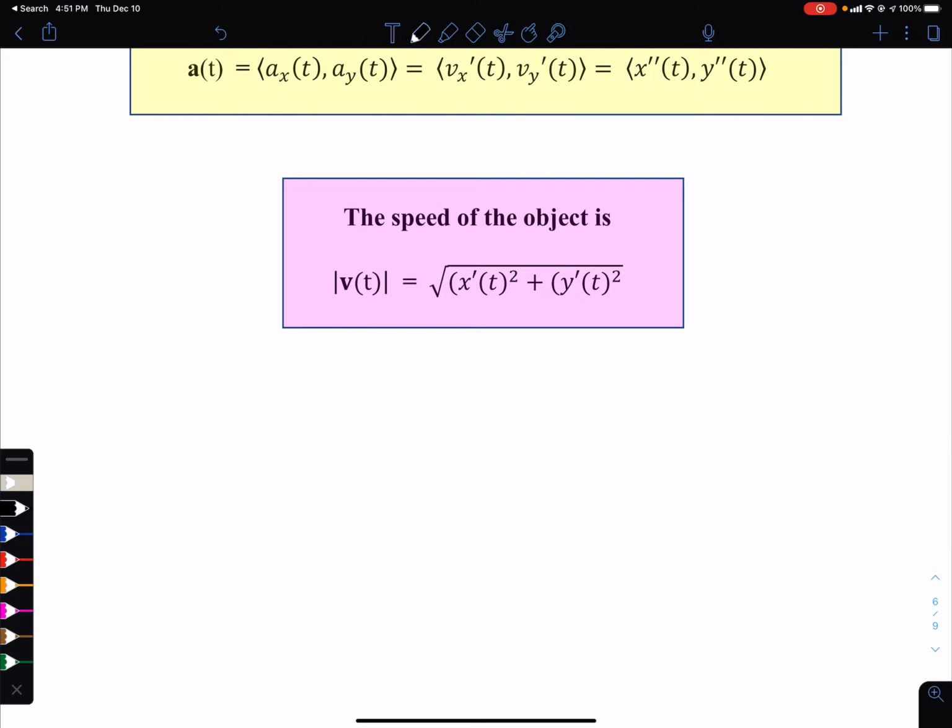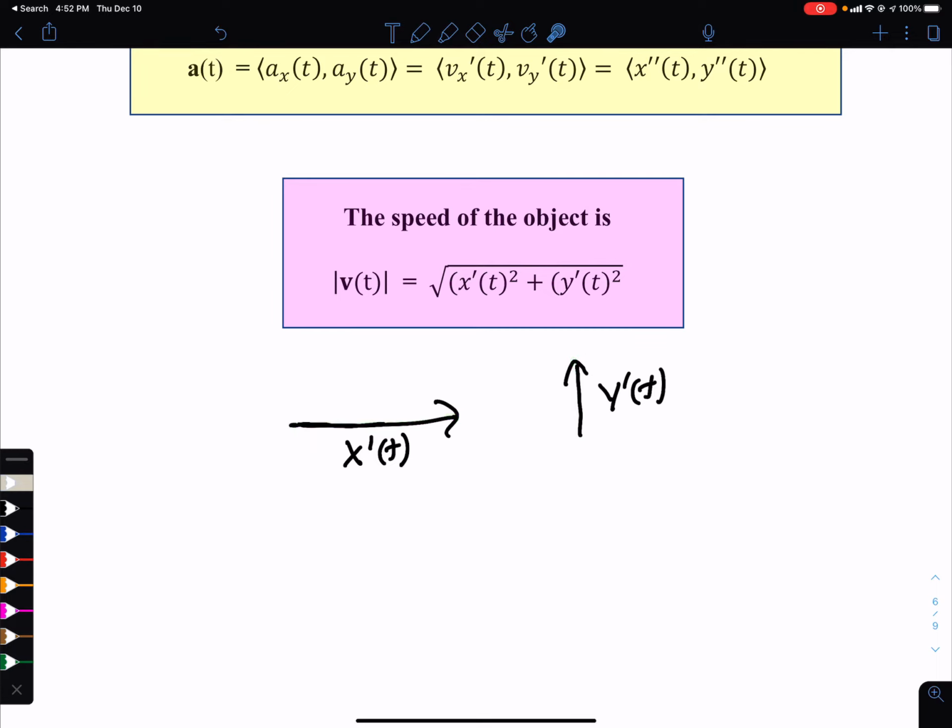So vectors are represented by arrows. And suppose that's my velocity vector, x prime of t. And then I have a velocity in the y direction. Call that y prime of t. And the length of this vector is the magnitude. And so you can see the velocity in x is larger than velocity in y.